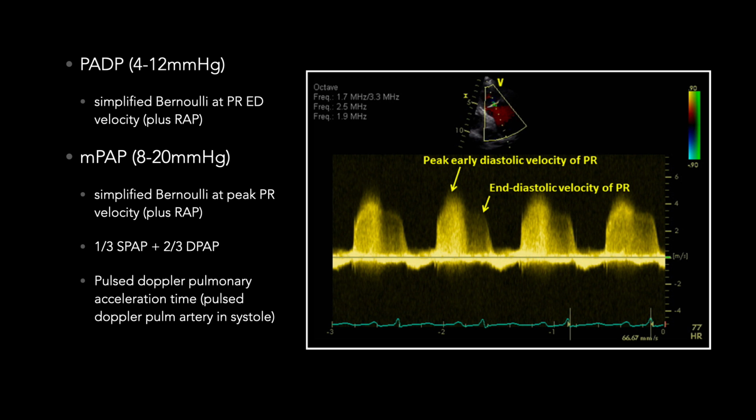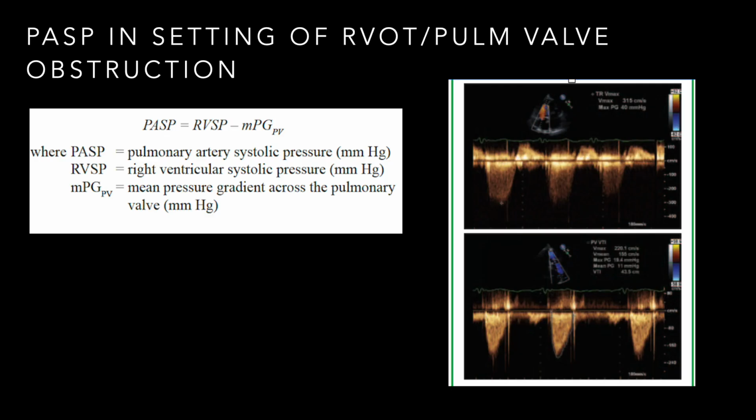You can also calculate the mean pulmonary artery pressure using your SPAP and diastolic pulmonary artery pressure. If there's obstruction, so therefore a high gradient across the RVOT or pulmonary valve, when usually there isn't, you can still calculate your pulmonary artery systolic pressure, and that is equal to the RVSP minus the mean gradient across the pulmonary valve.